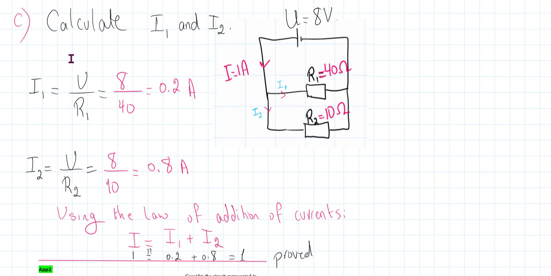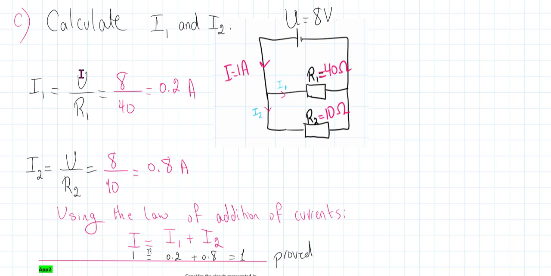In part C, to calculate the currents passing through R1 and R2, this is the main figure given. The resistance for each resistor, as you can see, is given, and the voltage is 8 volts, which we just calculated. To find I1 and I2, we can use Ohm's law.